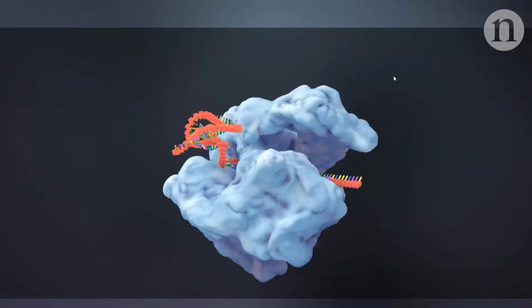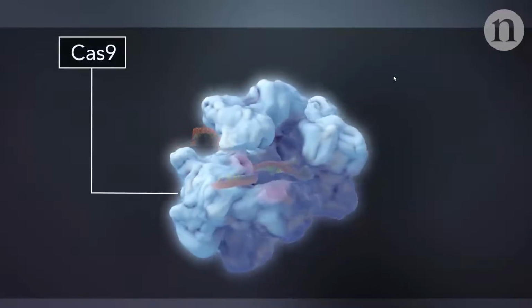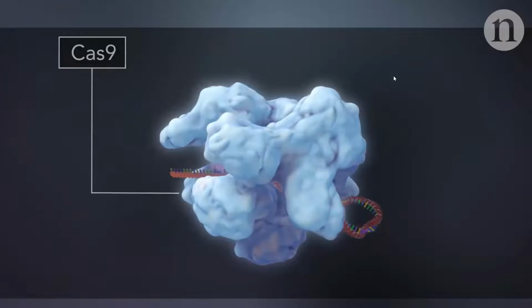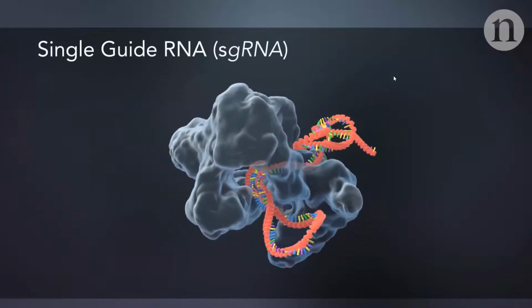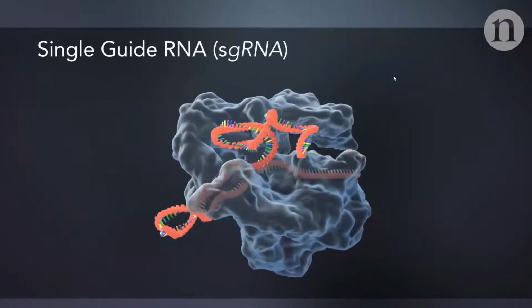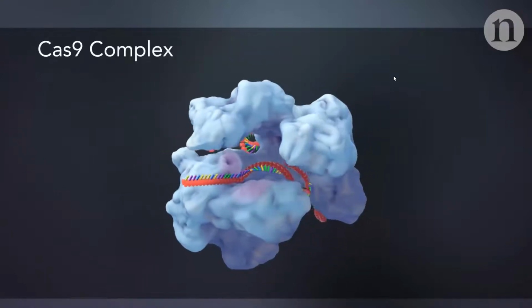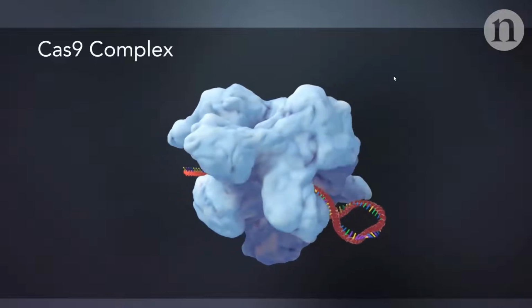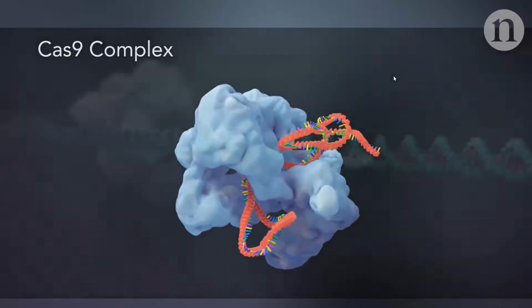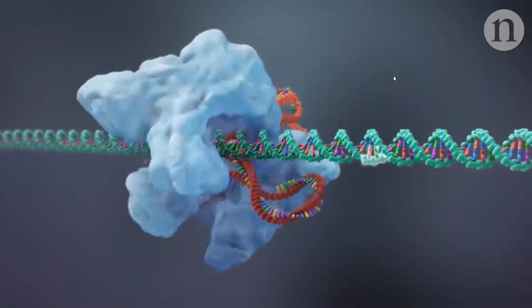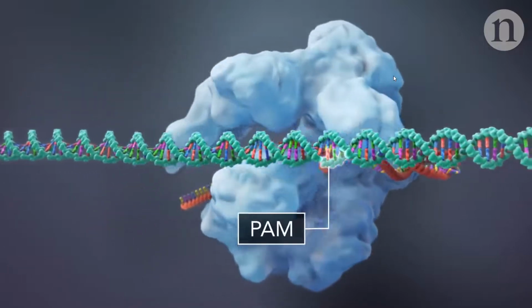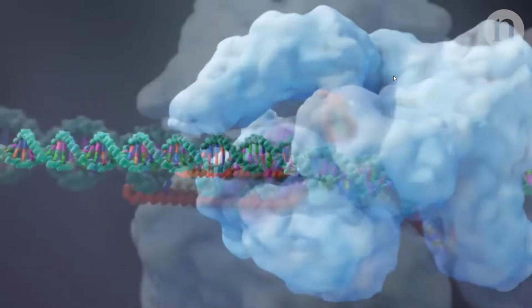There are 2 components to the system: a DNA cutting protein called Cas9 and an RNA molecule known as the guide RNA. Bound together, they form a complex that can identify and cut specific sections of DNA. First, Cas9 has to locate and bind to a common sequence in the genome called a PAM.